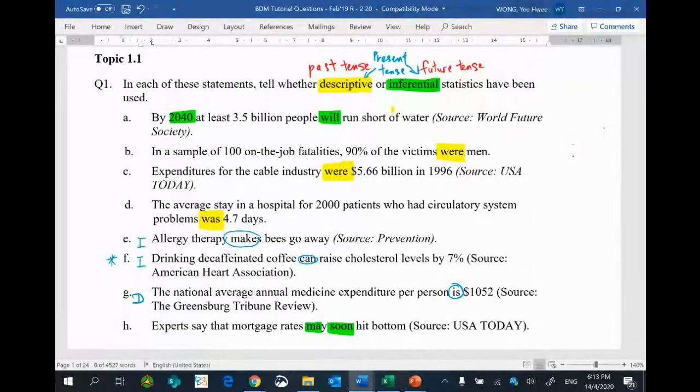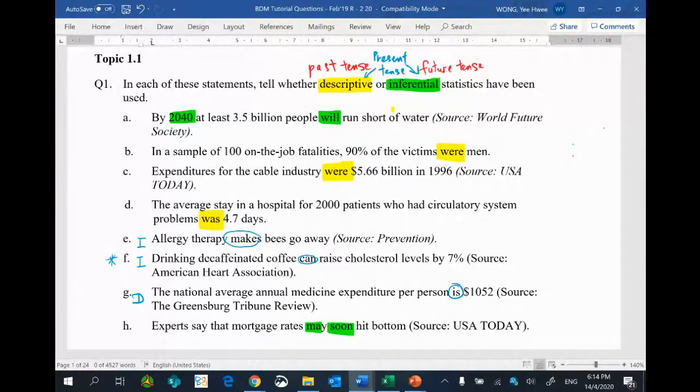Got it? Okay, so that's how you identify descriptive or inferential statistics. Now, how to use it? It's very common everywhere. When you're on public transport, in the MRT, on the bus, reading the newspaper, reading magazines, or you just look up any news or advertisement, you will see statements like that.